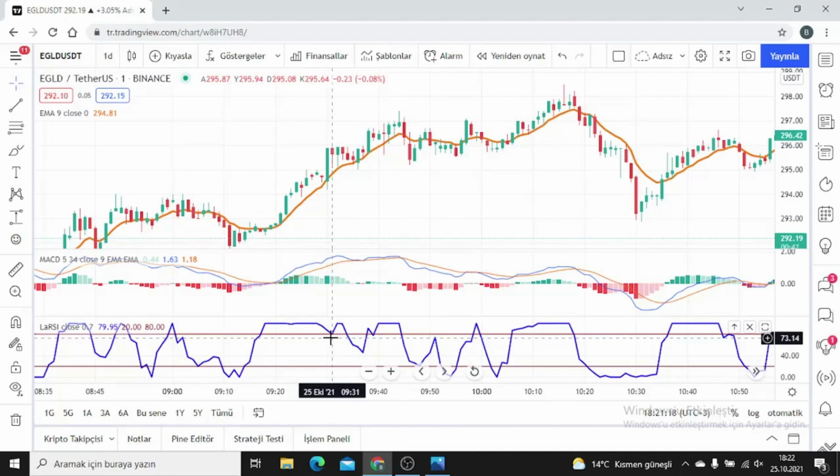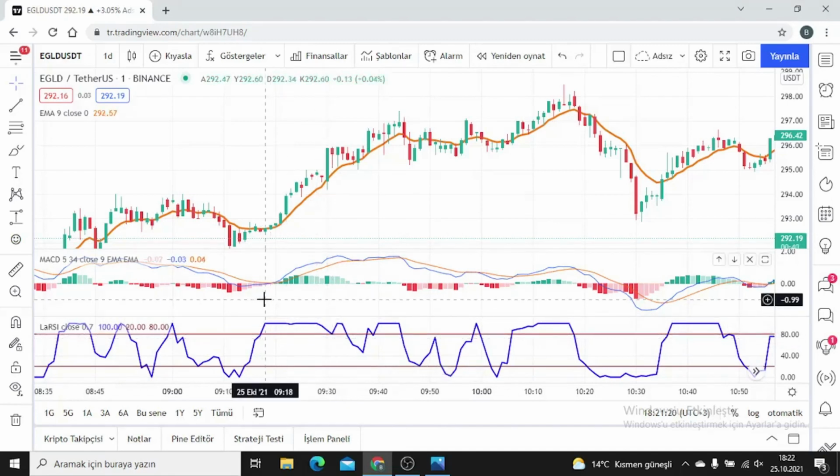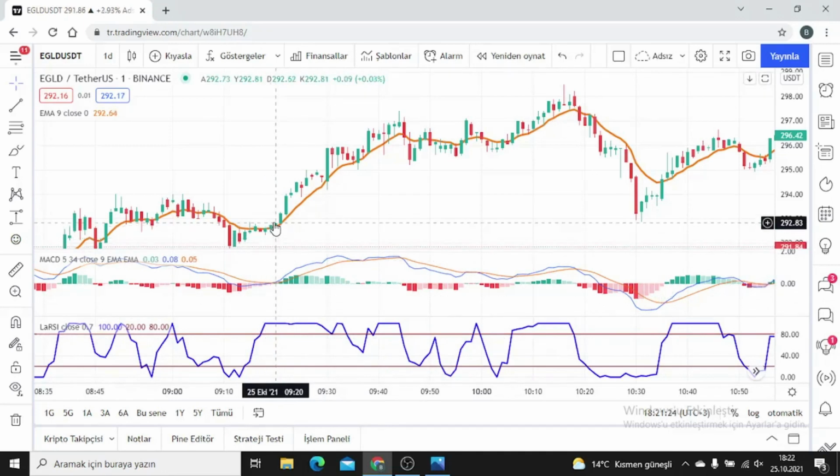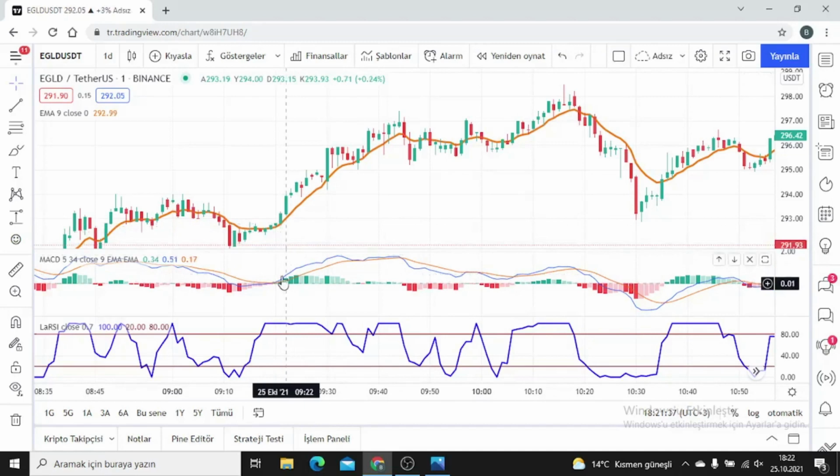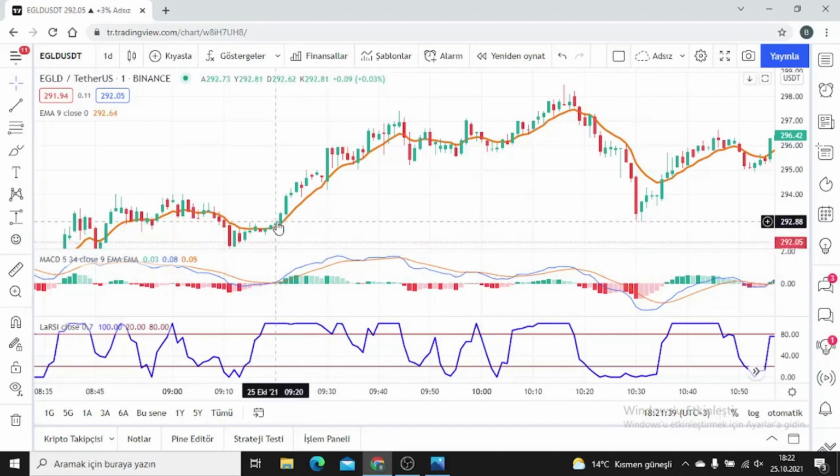In fact, think about it this way, friends. For example, it gives a buy signal here, but the price goes above the moving average here. You can take a risk in this area. You say that if the price rises above the moving average and falls below the moving average, you will close the trade. And that's how you get in trade before MACD. For example, I am giving an example, friends.